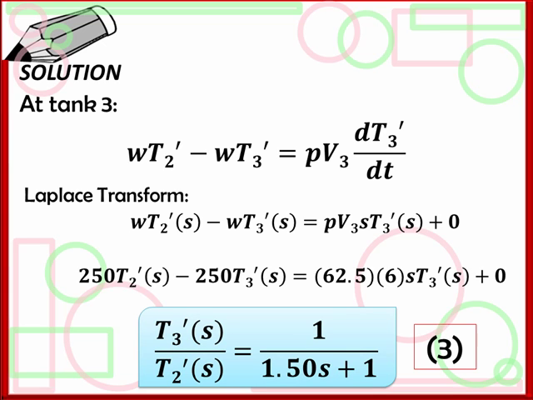These transfer functions we obtained will be used in providing the transfer function for the process, which will be included in the block diagram. After getting those transfer functions, we will now draw the block diagram.